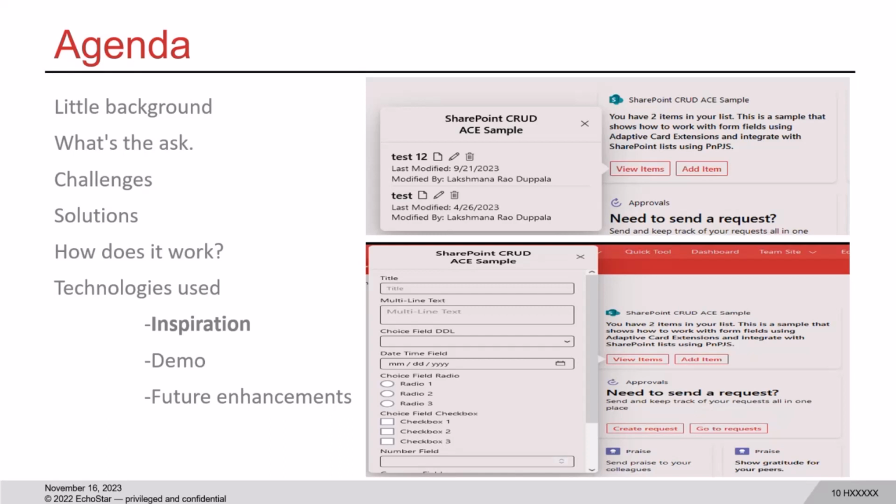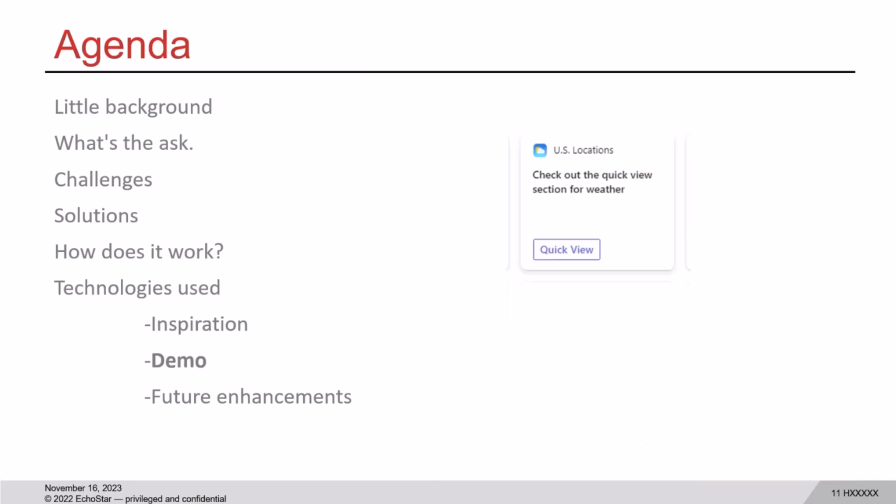There is also a little learning curve when working with the adaptive cards. That has to do with the JSON and how you want to format and display it. With that, we were able to build this. Moving on to the next slide, let's take a look at the demo.